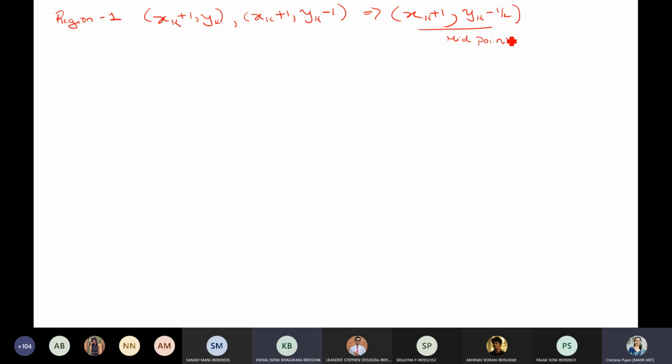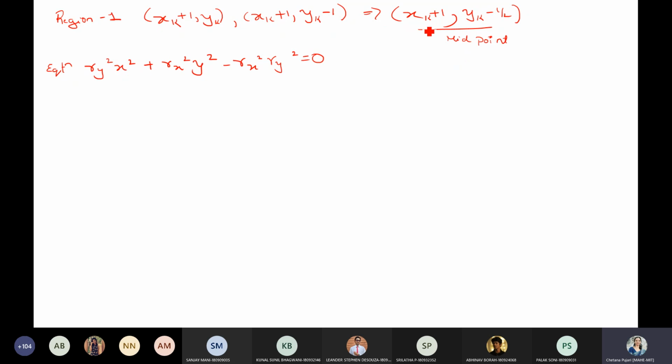It is similar to our midpoint circle drawing algorithm. And you know the equation for the ellipse, which we just calculated in the previous slides: ry square x square plus rx square y square minus rx square ry square. So this is the equation of our ellipse. Just replace your x and y with the midpoint value.